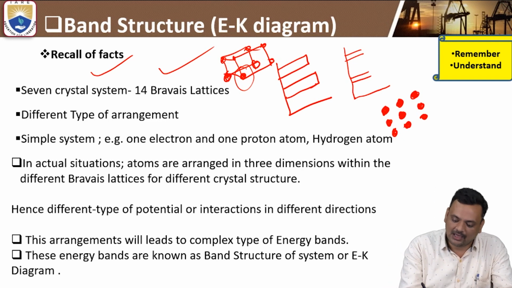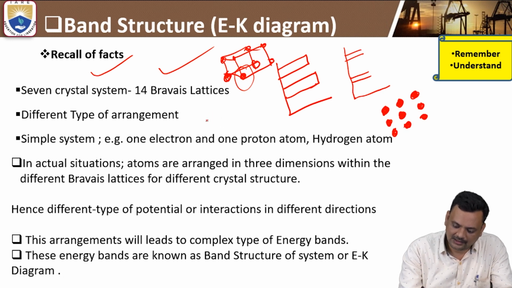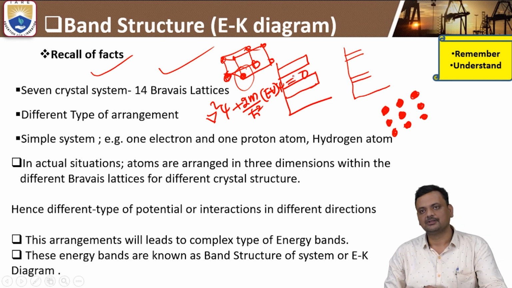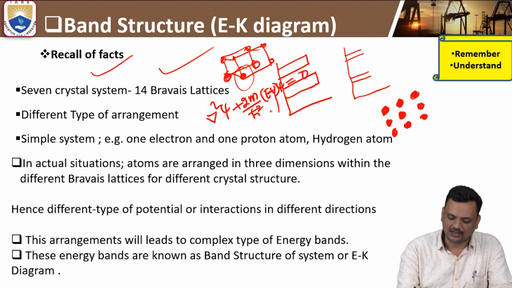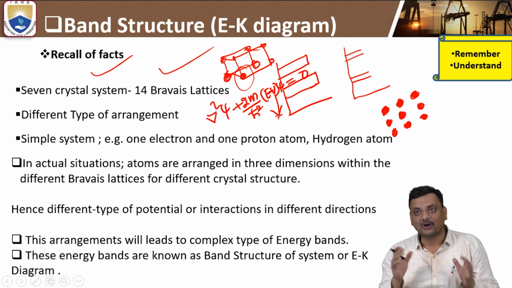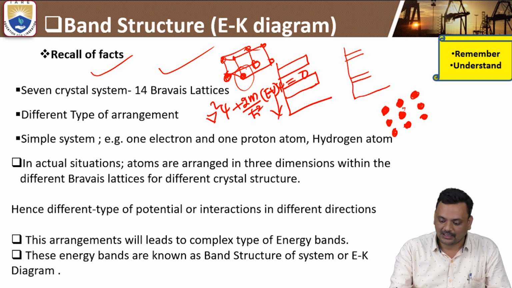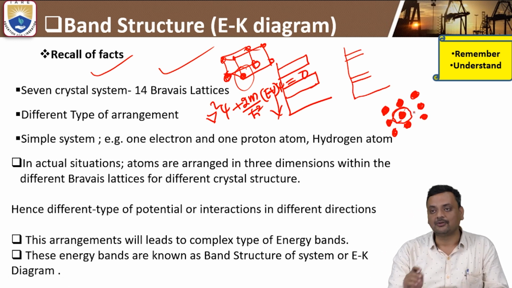Why does the potential come in here? This is the Schrodinger equation: (E minus V) multiplied by psi is equal to zero. So this V is the potential energy. How is the potential energy developed around any atom?